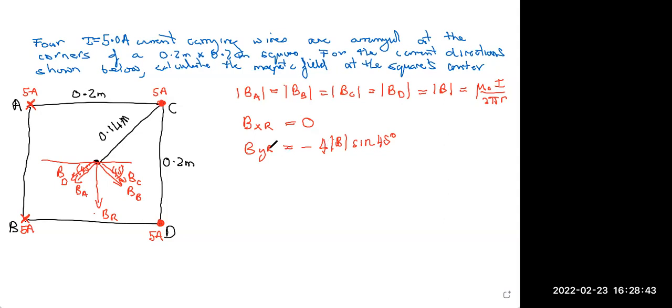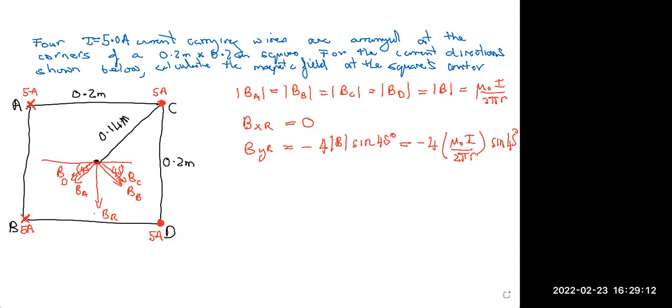So this is the equation for the y component of the field. And I can stick in the expression for the magnitude of the field due to any one of the 4 wires. It was mu naught I over 2 pi r, times sine 45 degrees.